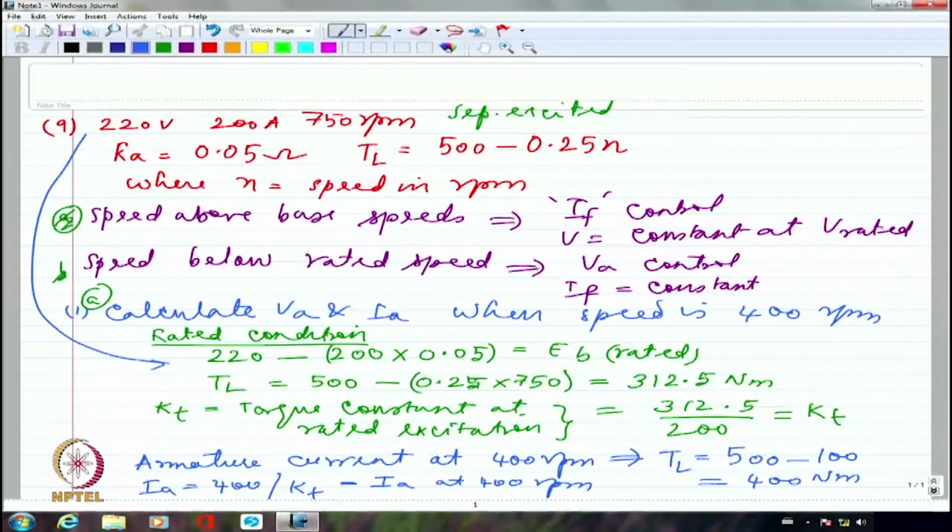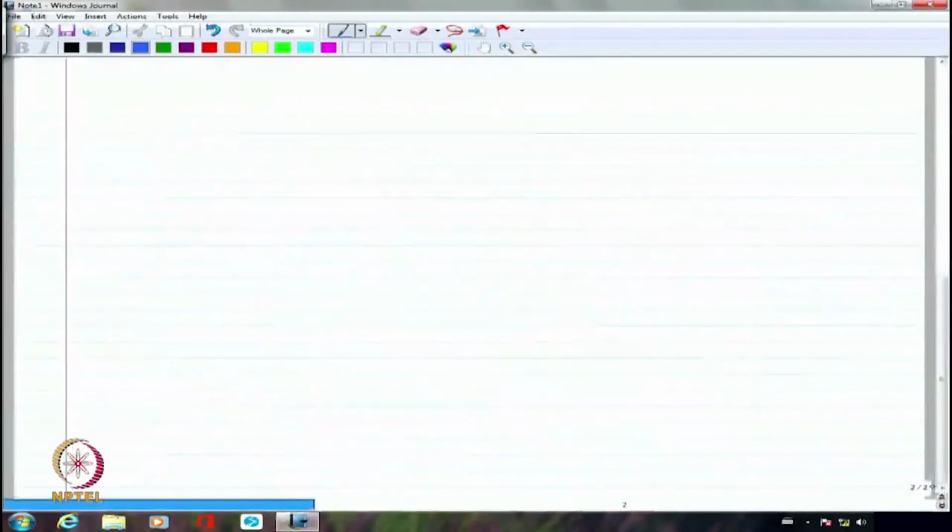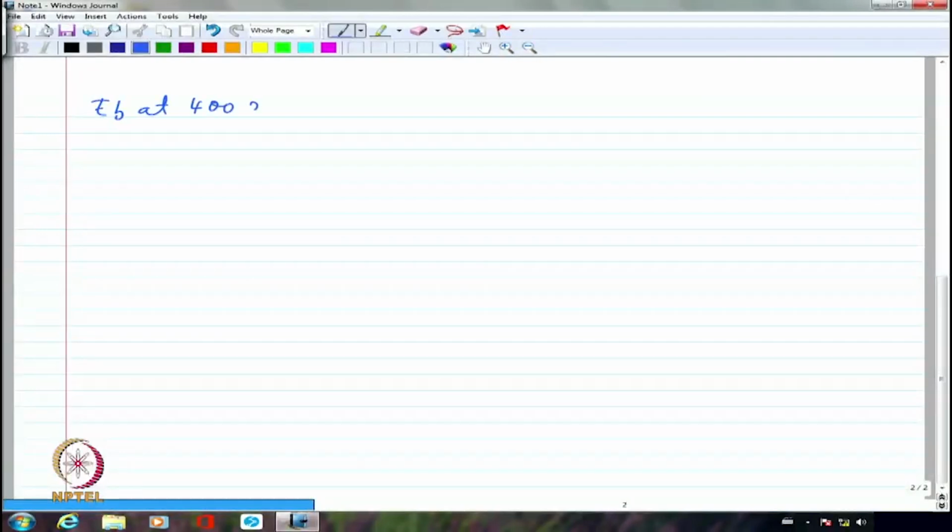So EB I can calculate. EB at 400 RPM and at rated excitation will be the same as whatever EB value I got earlier.